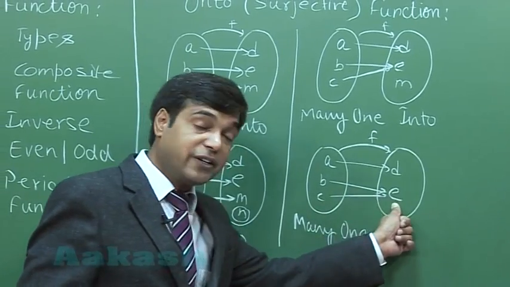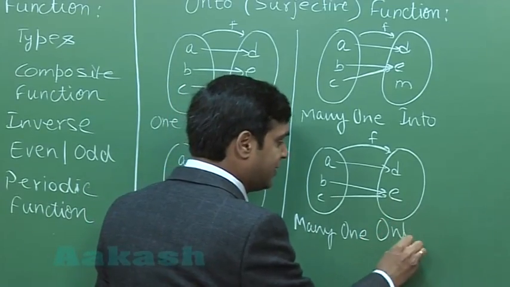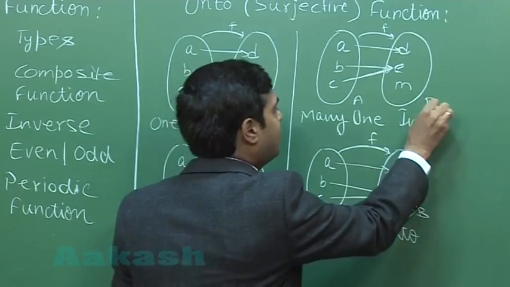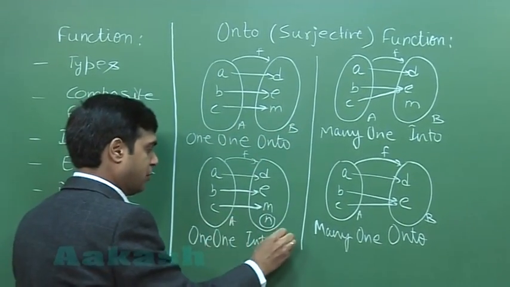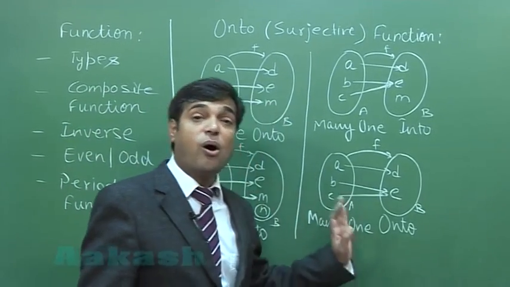And clearly this function is onto because there is no extra element in set B. So we can see here 4 examples for onto and into. Correct? So in this manner we define onto or into.